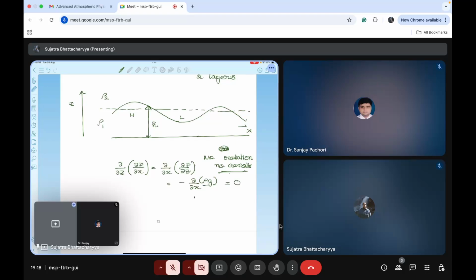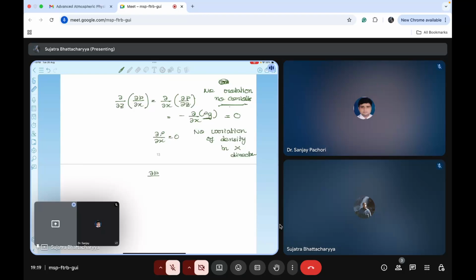That means no variation of density in the x direction. Why? From this expression, because g is already a constant. So del rho del x is zero. Density is not varying in the x direction, which is true. I have kept it like that. Only in the z direction will it vary.